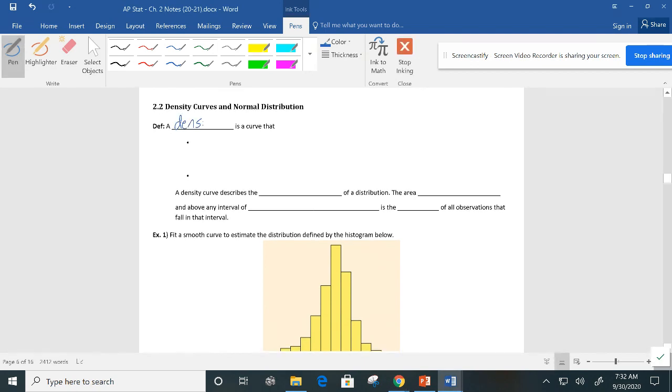A density curve is a curve that is always on or above the horizontal axis.